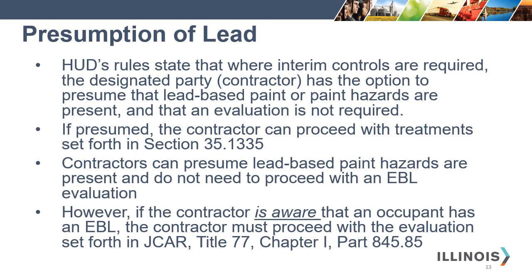Contractors can presume lead-based paint hazards are present and do not need to proceed with an EBL evaluation. However, if the contractor is aware that an occupant has an EBL, the contractor must proceed with the evaluation set forth in JCAR Title 77, Chapter 1, Part 845.8.5.